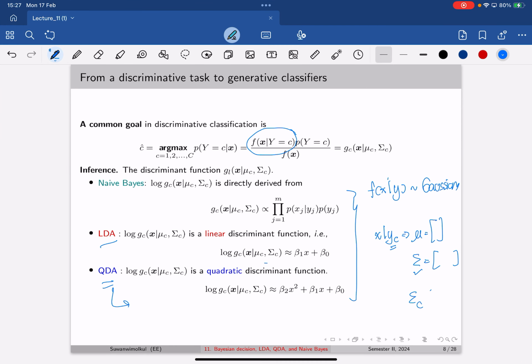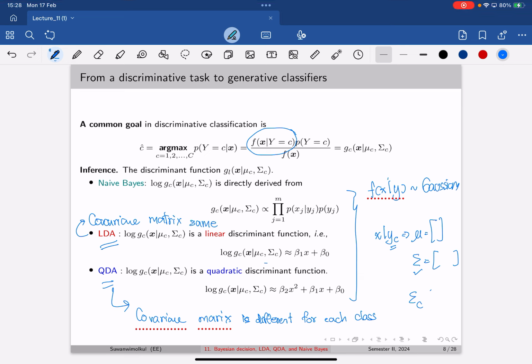So for this one, the covariance matrix will keep changing depending on your class. But for this one, the covariance matrix will be the same for all classes. So that's the main difference.